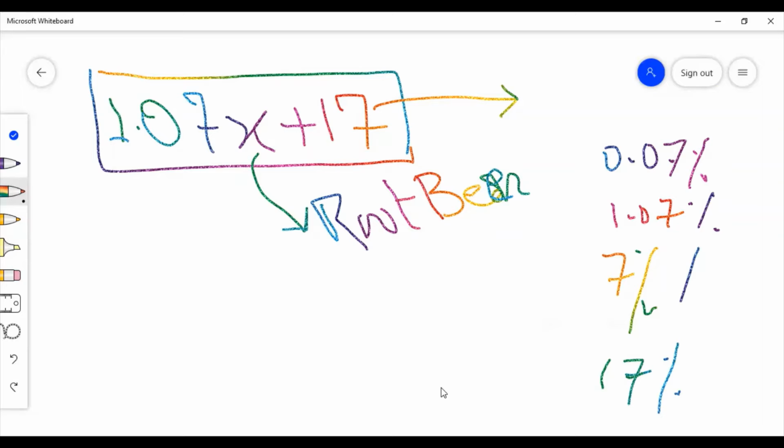Now let's see once again, just for easy understanding, this is the equation. Okay. So 1.07. If we are just taking it as a unit price, we can say 100. So let x be 100.